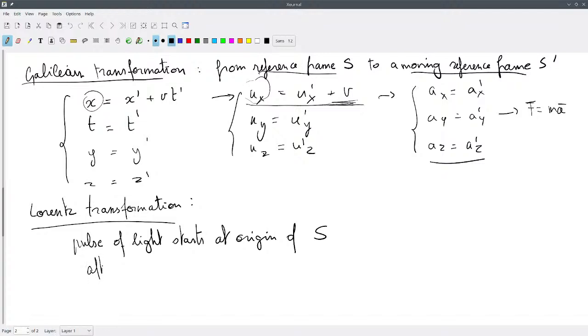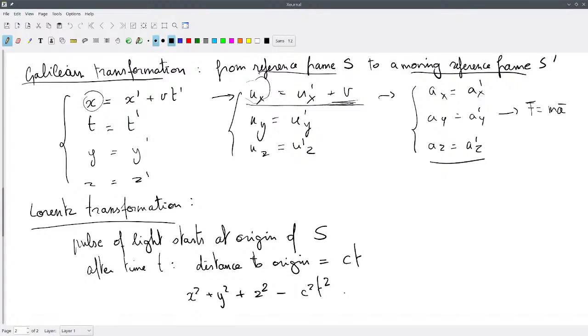So after time t, the distance to the origin is going to be c times t. We can write this in coordinates: x squared plus y squared plus z squared minus c squared t squared is equal to 0, where I've squared the distance to the origin.